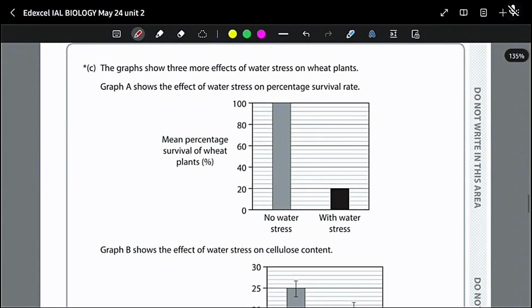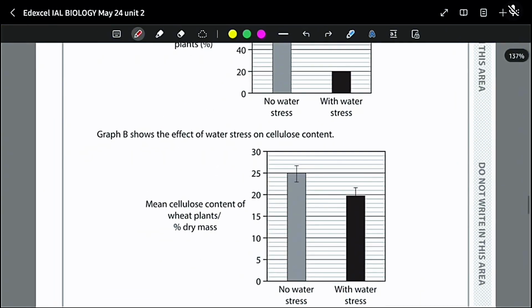C, the graph shows 3 more effects of water stress on wheat plants. Graph A shows the effect of water stress on percentage survival rate, with water stress and no water stress versus the mean percentage survival. Graph B shows the effect of water stress on cellulose content.